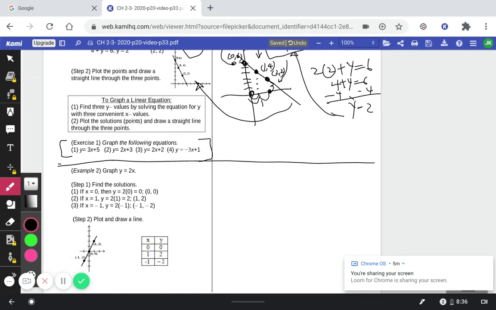Now here comes another example, y equals 2x. Again, you try good numbers like 0, 1, and -1, find the corresponding y values after plugging into the formula like you did here, and then plot them.